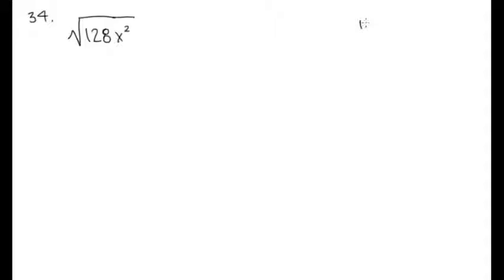If you wanted to, you could continuously divide this by smaller squares that you might know, such as 16 or 4, until we get the answer. However, I do know that 64 times 2 is indeed 128, and 64 is a perfect square. 8 squared is equal to 64.